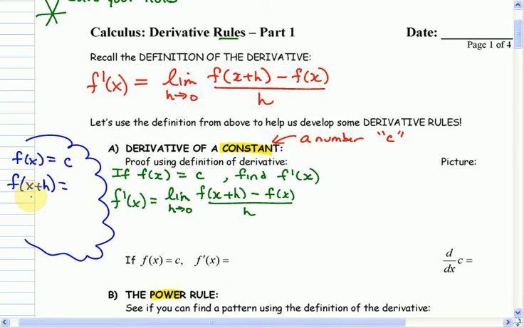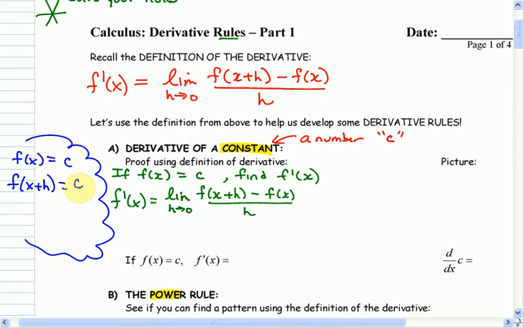So where's the x? There's no x, so there's no replacement. So what is it? Just c. It's just the constant. There's no x in our function over here.